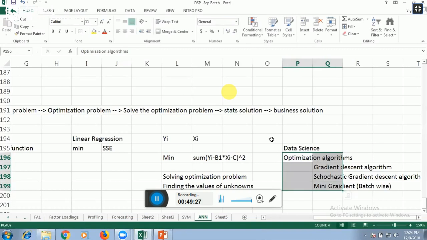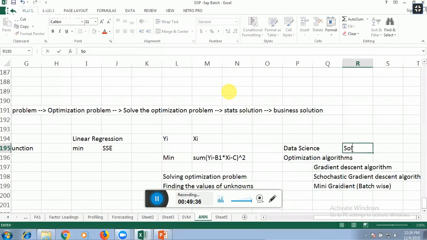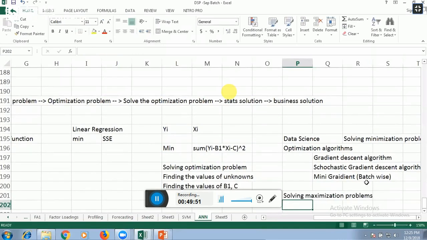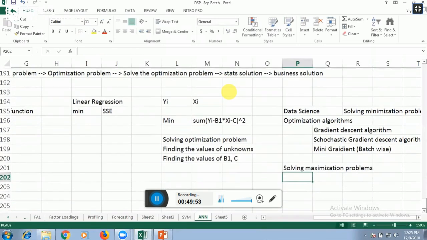Okay, anyway, the gradient descent algorithm we always use for a minimization problem. So all these three things which I was referring to are solving minimization problems. Solving maximization problems is also possible. There you have gradient ascent algorithms.